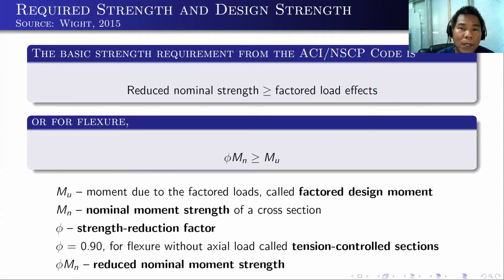Again, M sub u is taken from the load combinations that we discussed earlier, and it should be compared to the reduced nominal strength. That is, we have to compute first the nominal moment, M sub n, and to be reduced by the strength reduction factor phi. In the case of flexure, that's equal to 0.9.